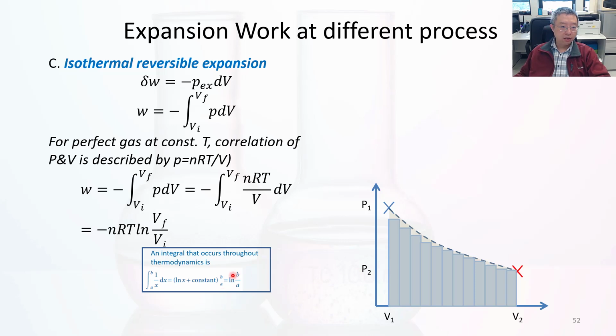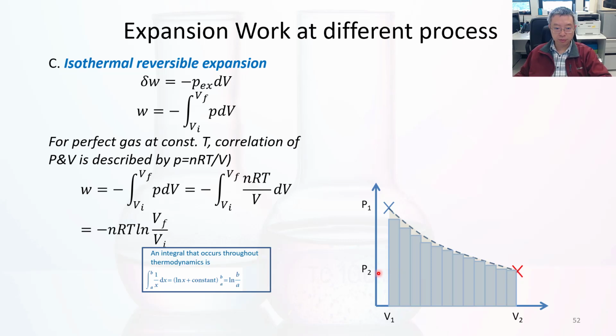Obviously, this area is going to be bigger compared with free expansion, because free expansion doesn't do work, as well as constant pressure expansion, because constant pressure expansion means the final pressure is equal to the external pressure.